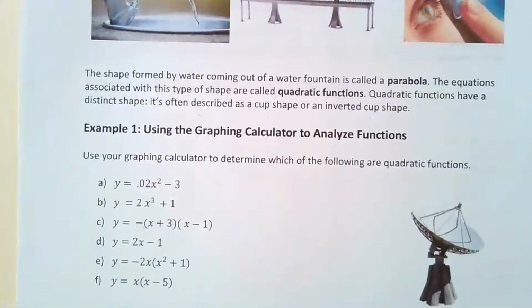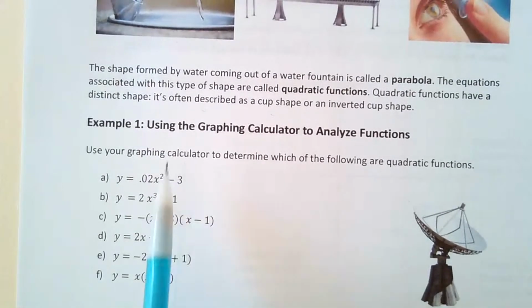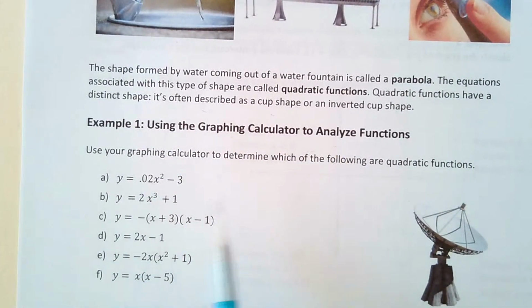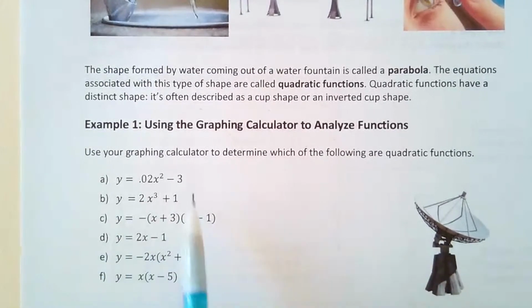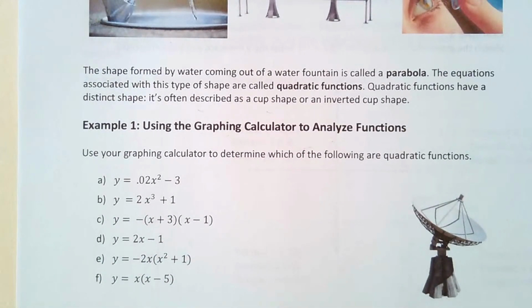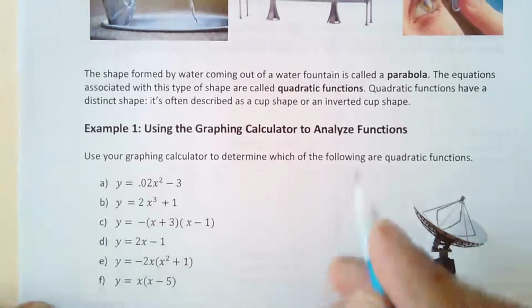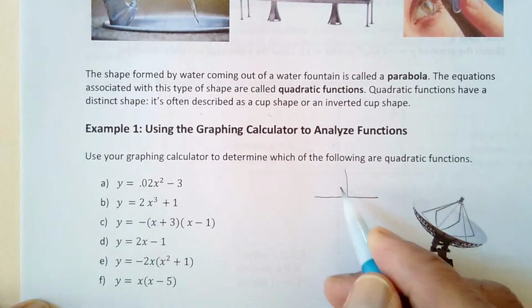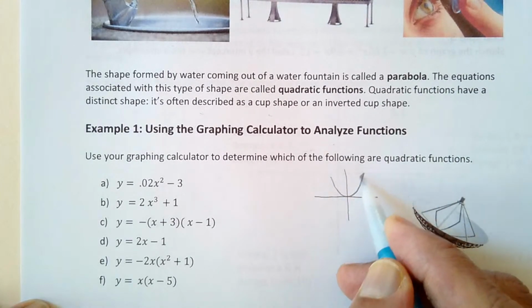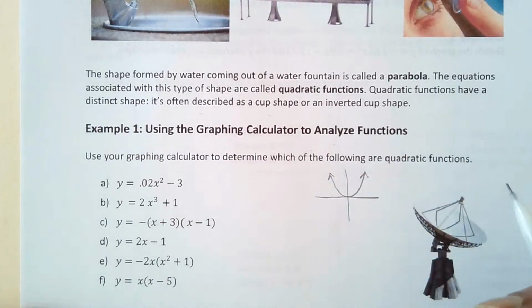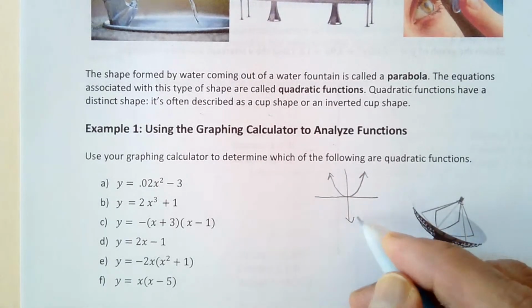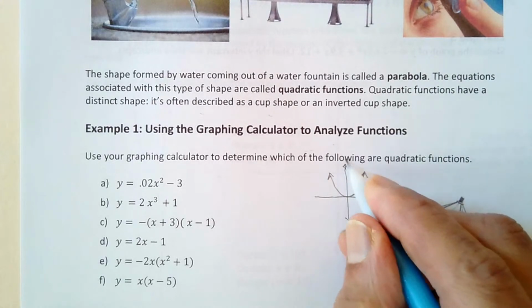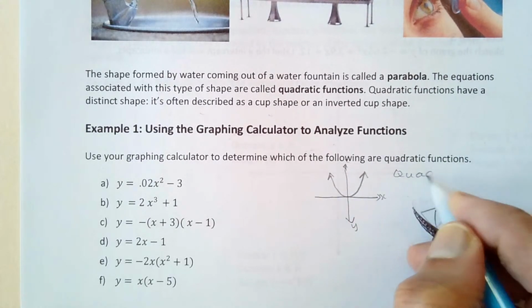Now, here we have using your graphing calculator to analyze functions. To do any one of these, you want to see what it looks like. If it's a graph that has this shape, and it doesn't matter going up, this we'll say is a quadratic.